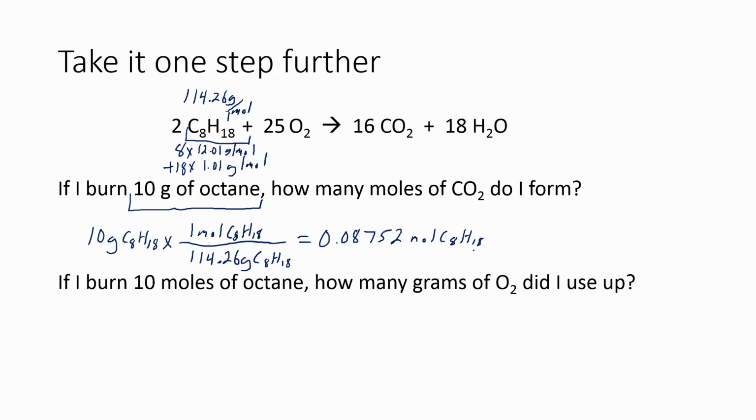Now I can do exactly what I did before. When I have moles, I can use the balanced chemical equation to say if I have this many moles of octane, so octane goes on the bottom because I don't want that unit. How many moles of CO2 do I get? So CO2 goes on the top. I find the coefficients, 16 and 2, and I multiply this out.